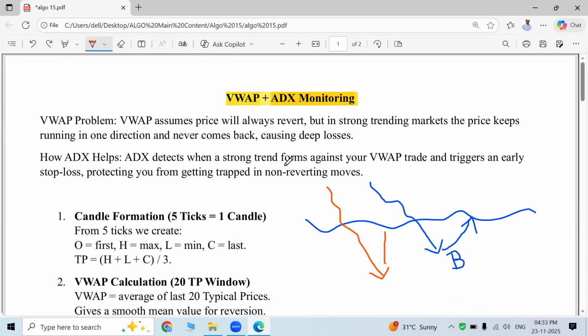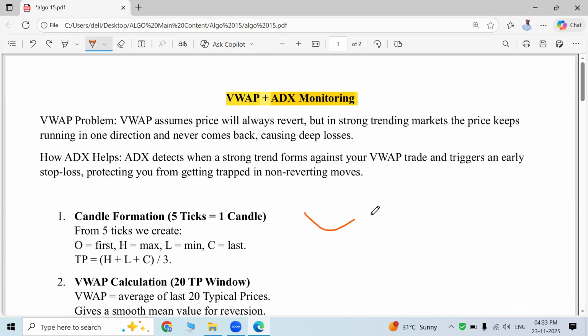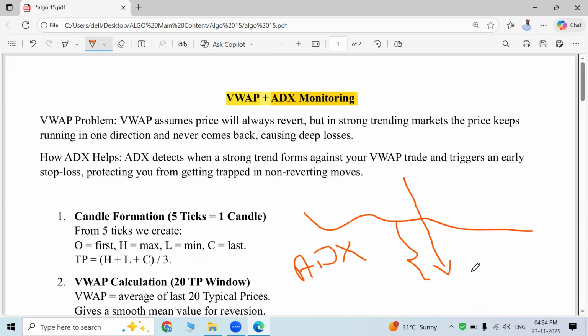So what we are going to do, once the price is below, is start ADX monitoring. And if the price is not returning, we will book the stop loss.